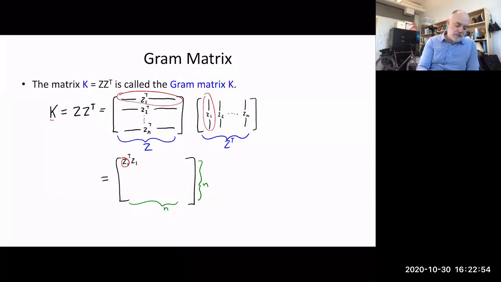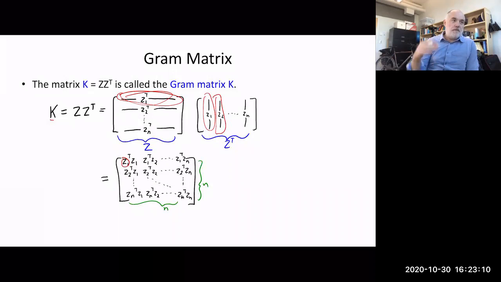We take a dot product of those, then a dot product of this one with this one, and so on. So every row and every column of K is formed of the inner product of expanded basis vectors Zi, Zj.